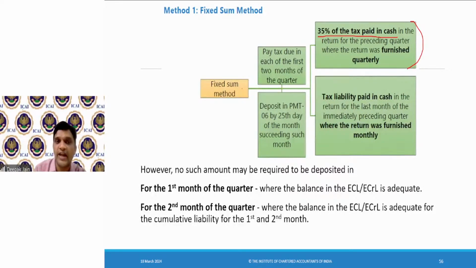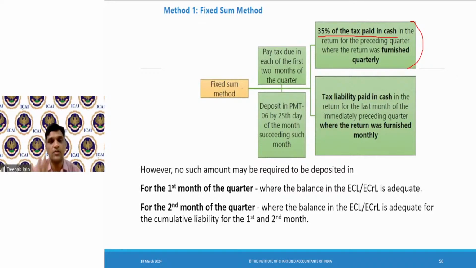Okay. If you are a quarterly filer in the previous quarter, then 35% of the tax what you have paid through your electronic cash ledger, अगर आपने पिछले क्वार्टर में 5 लाख... फॉर ईज ऑफ रेफरेंस से पिछले क्वार्टर में आपने 1 लाख का टैक्स पे किया था थ्रू इलेक्ट्रॉनिक कैश लेजर एंड 2 लाख थ्रू इलेक्ट्रॉनिक क्रेडिट लेजर, so 35% of the 1 lakh will be the amount to be paid in this month, in the first month. ठीक है?